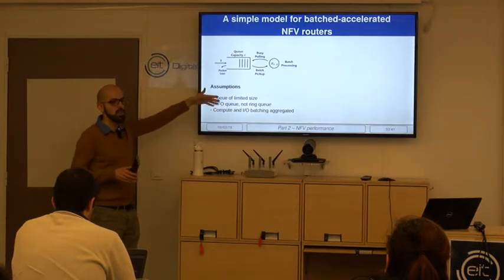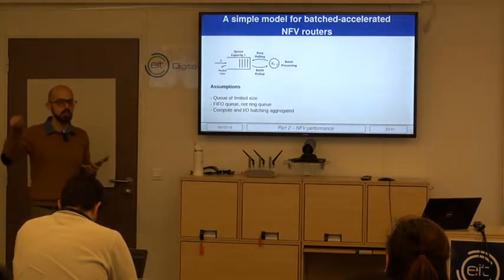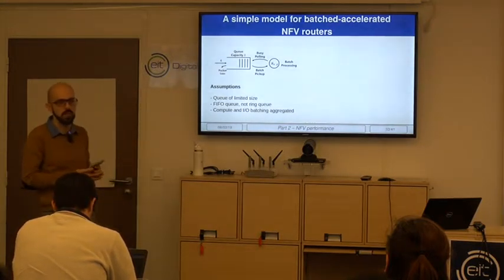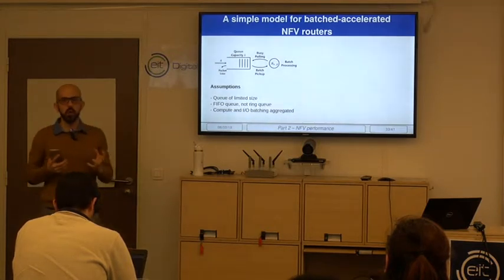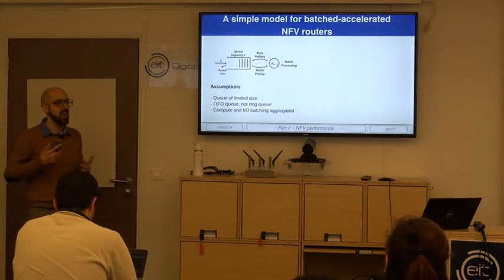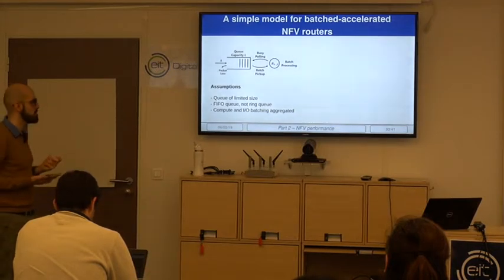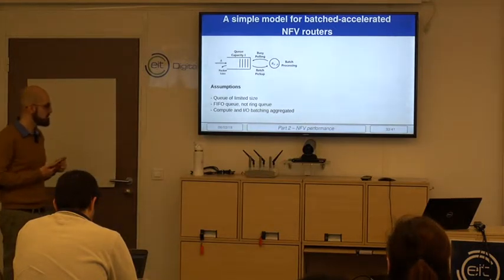But for a ring queue, the oldest packets will be dropped because a circular queue will start back from the beginning. But the nice thing is that we don't care about which packets are dropped. We are only interested in how many packets are dropped, and this assumption is sufficient for that purpose.